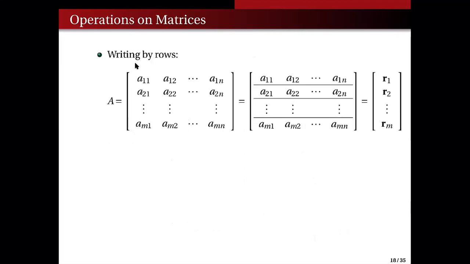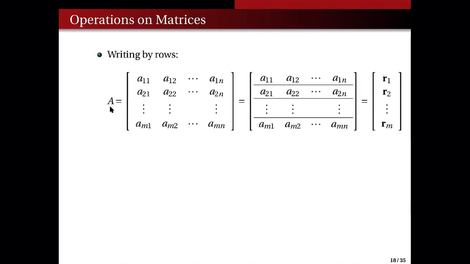Now, if we write A as rows, then your A can be partitioned into this. So row 1 is a11, a12, until a1n. Row 2 is a21, a22 until a2n. Row M is am1, am2 until amn. Then we can rename row 1 as R1, row 2 as R2, row M as RM.